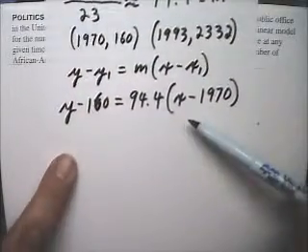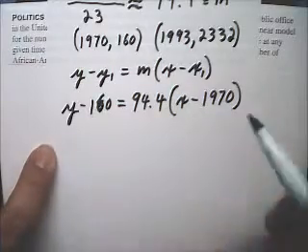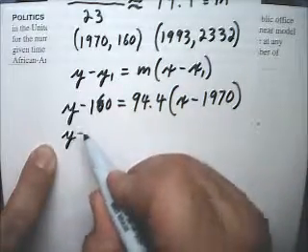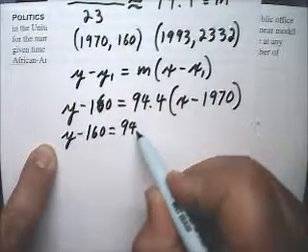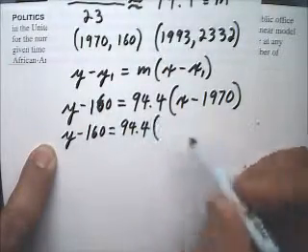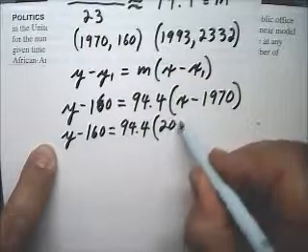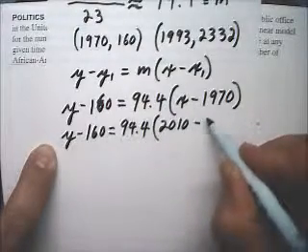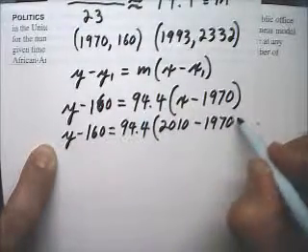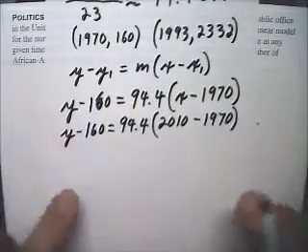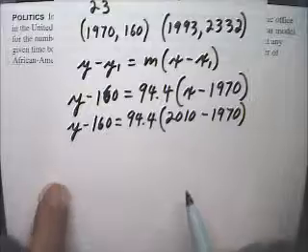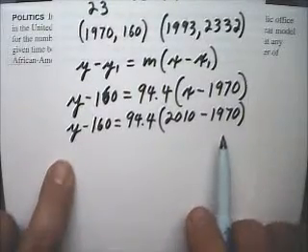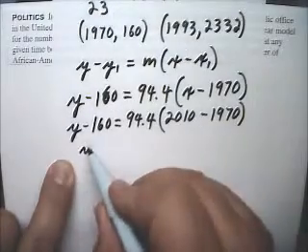We have to put in the year 2010 here. So we get y minus 160 equals 94.4 times 2010 minus 1970. See, and now this is a very straightforward equation. 2010 take away 1970 is 40.